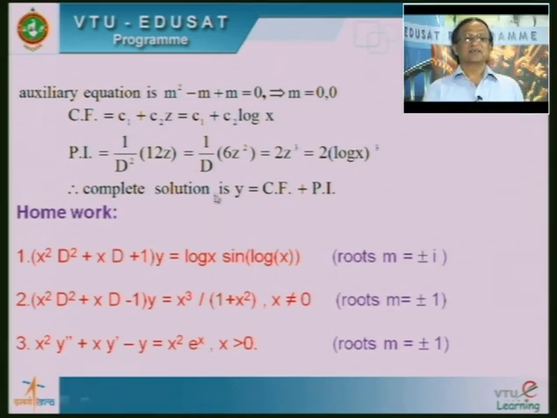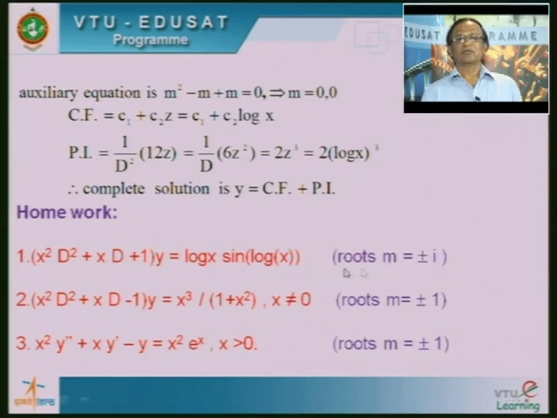So, friends, here I have tried to solve some non-homogeneous Cauchy-Euler equations. Exactly in the similar way, you can try these equations. x square D square plus x D plus 1 times y is equal to log of sine of log x.